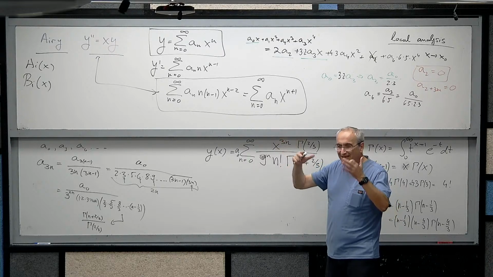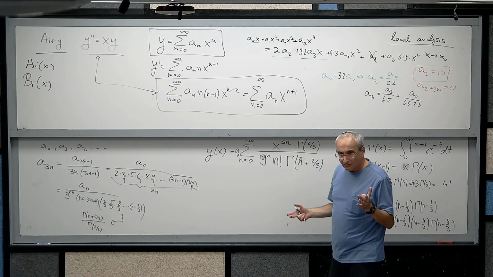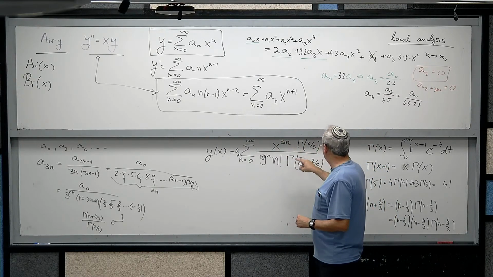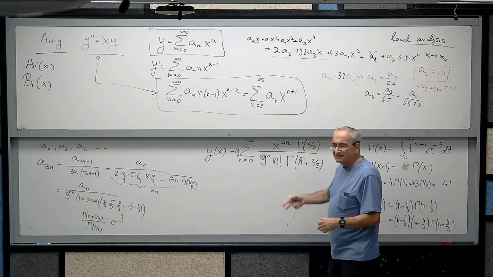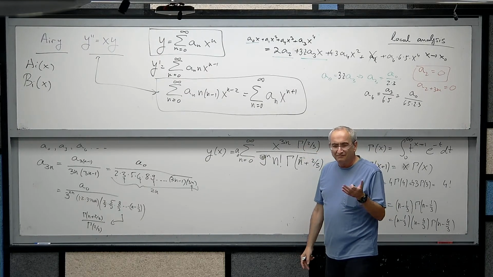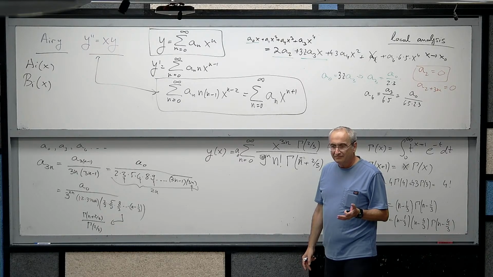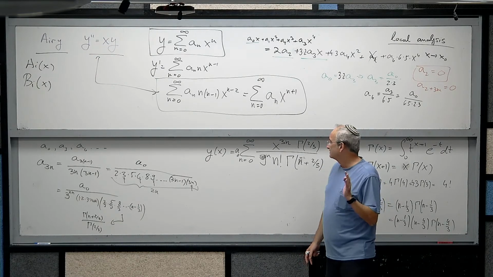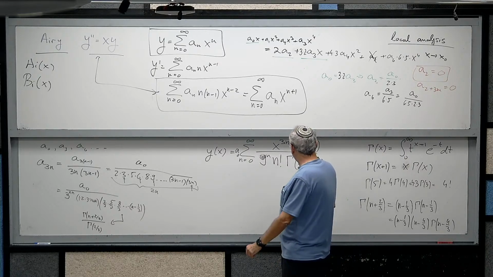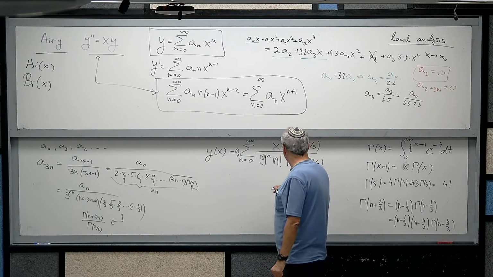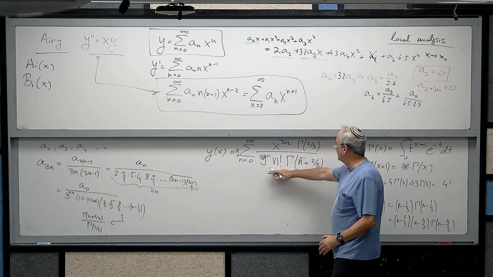So it's more or less n factorial. Now gamma of 2/3 is a number, some constant. It doesn't matter.